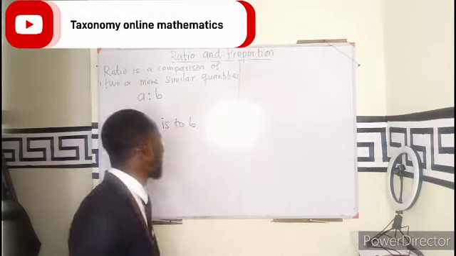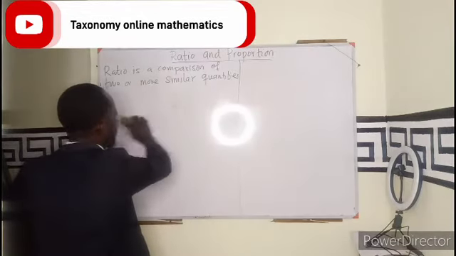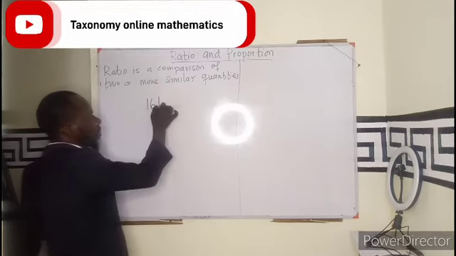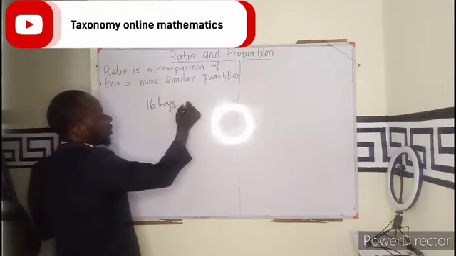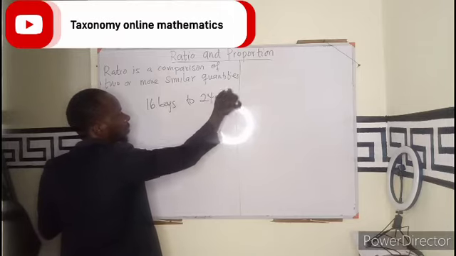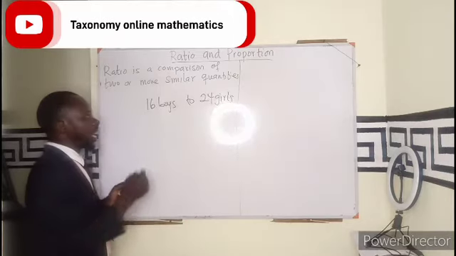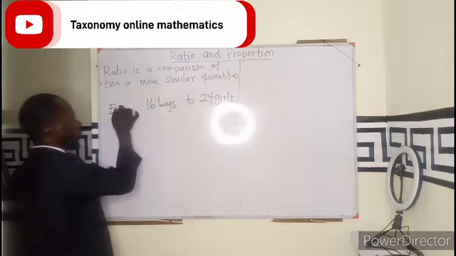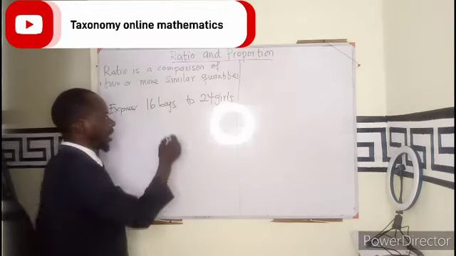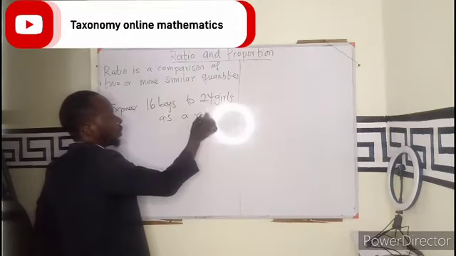So in this case I want to compare, let's say, 16 boys to 24 girls. I want to express 16 boys to 24 girls as a ratio.